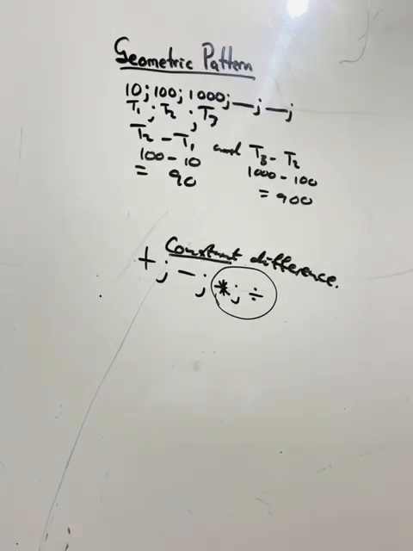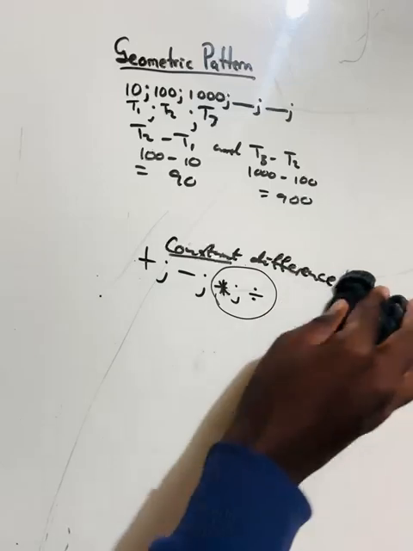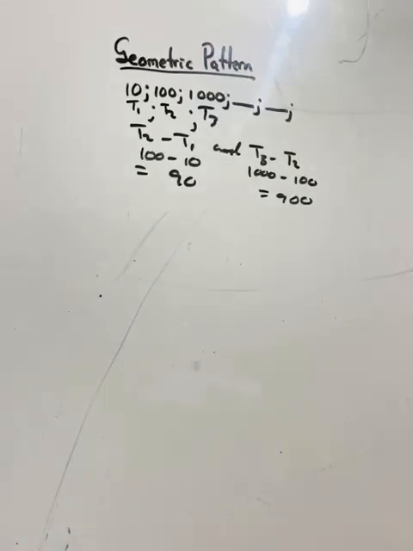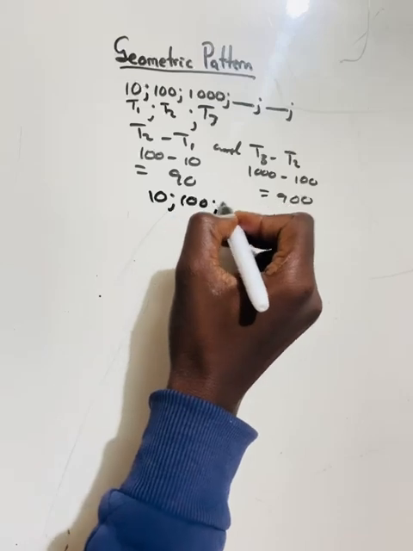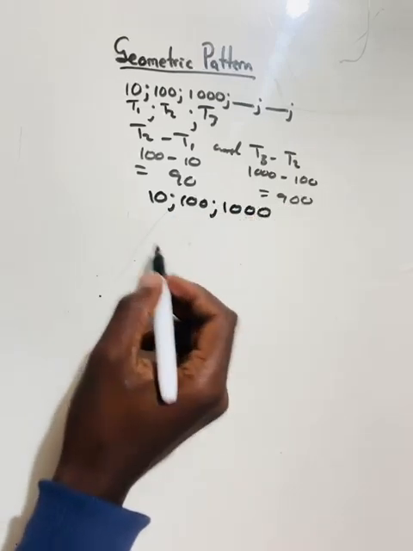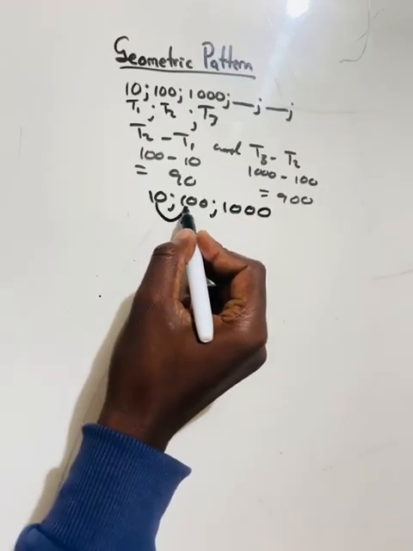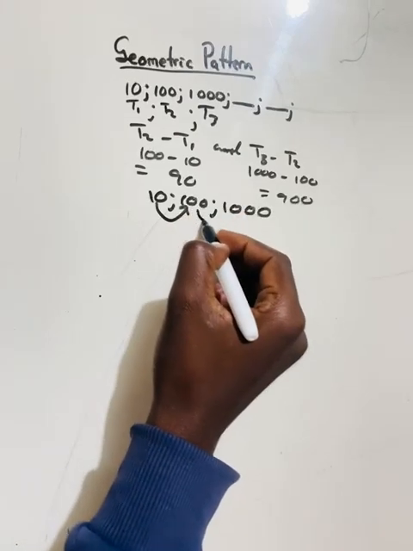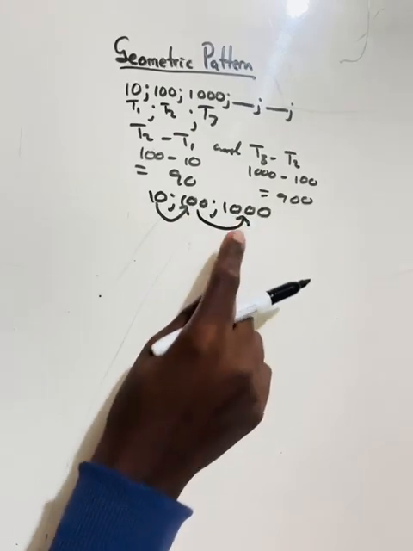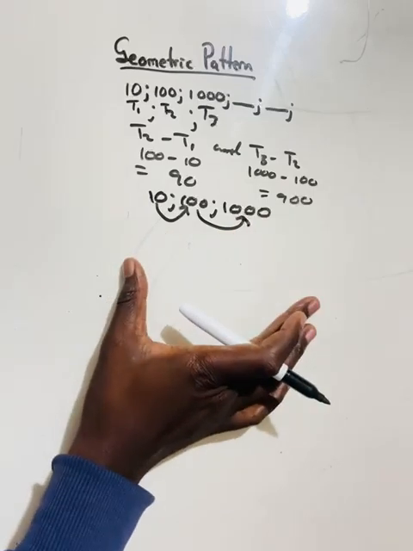Then the question is, what is this geometric? Let's rewrite. We are given this 10, 100, and 1,000. When I move from 10 and I go to 100, the numbers become bigger. When I move from 100 and I go to 1,000, it has become bigger.